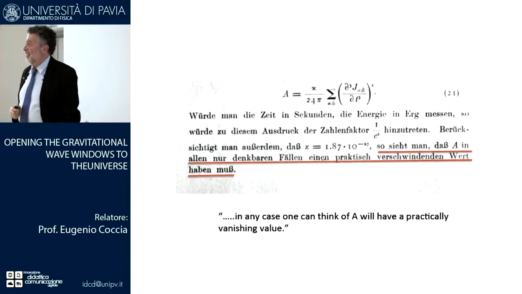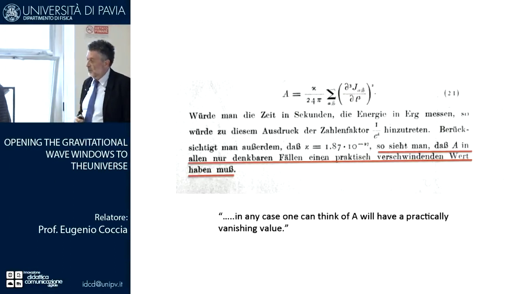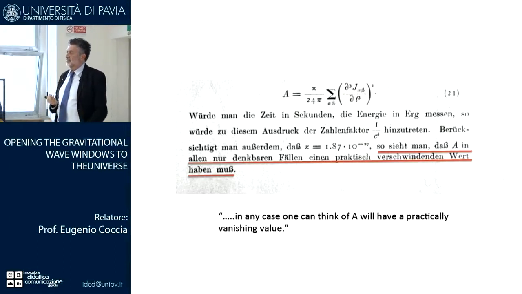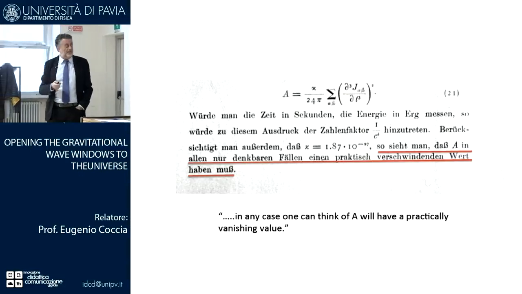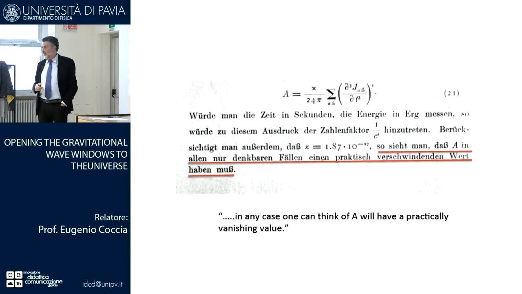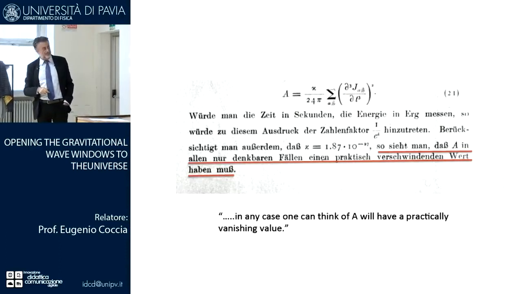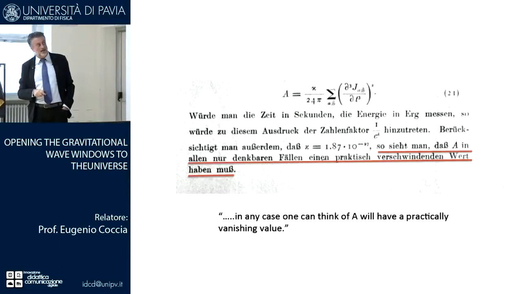This is the original paper of Einstein predicting gravitational waves, in which he calculates the possible amplitude of these waves. And he says, I don't know how many of you know German. I don't know German, so I translated it into English. He says, in any case, one can think of A, the amplitude, as having a practically vanishing value.